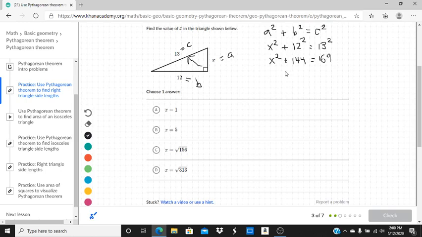Okay, we're going to subtract 144 from both sides to get x by itself. We're going to get x squared equals 25.